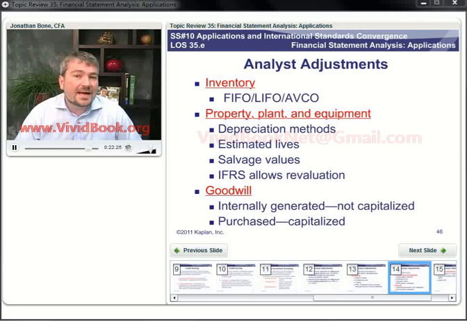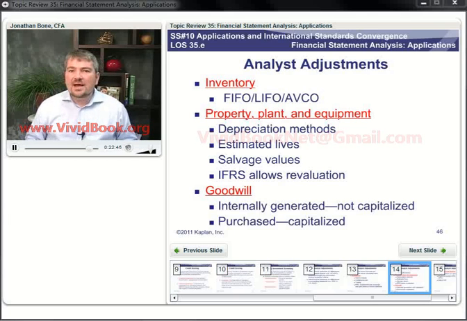So under US GAAP, everything's going to be sitting at historic cost, less accumulated depreciation. So again, if you're comparing between IFRS and US GAAP, you really need to look at that plant, property and equipment. Has the company using IFRS revalued? Now remember, with revaluations under IFRS, you may revalue, you don't have to.